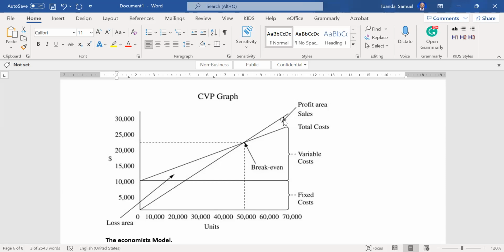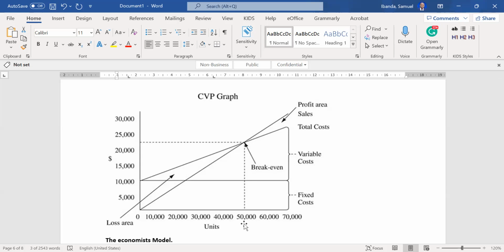But looking at this curve, we see that for this business the break-even point is between 25 and 20 in terms of costs. But if you look at it in terms of units, the break-even is when they are producing or selling 50,000 units.